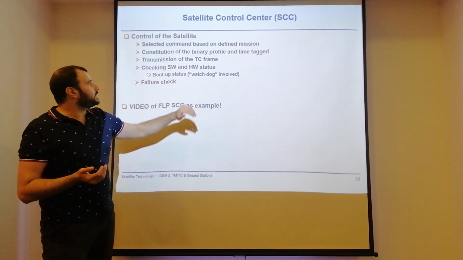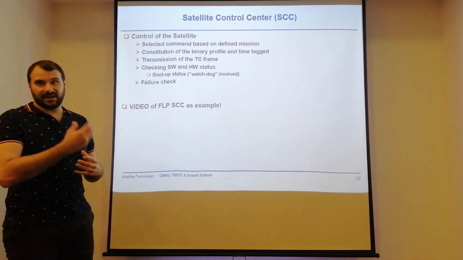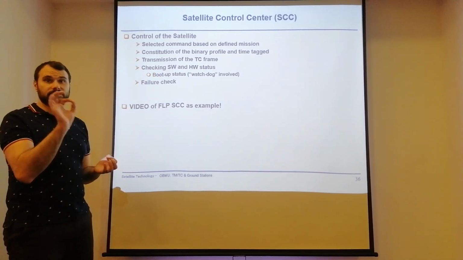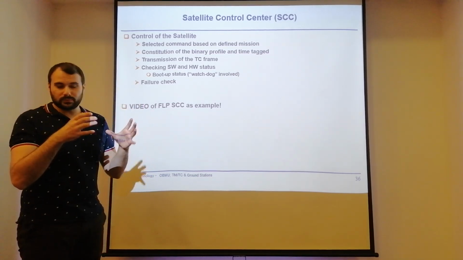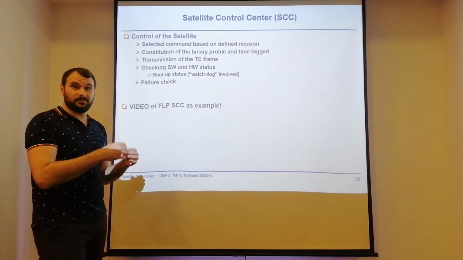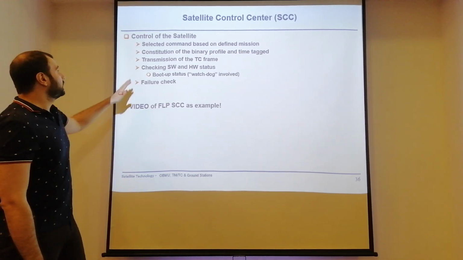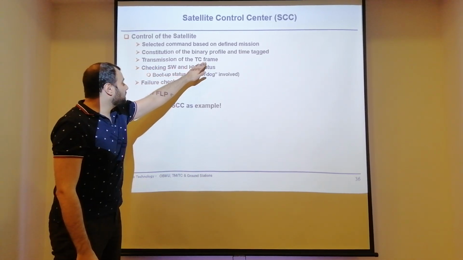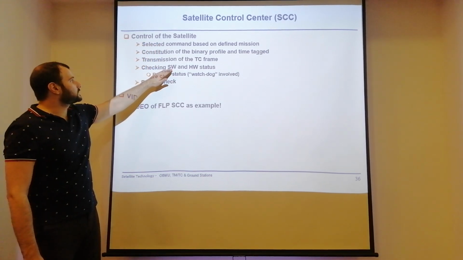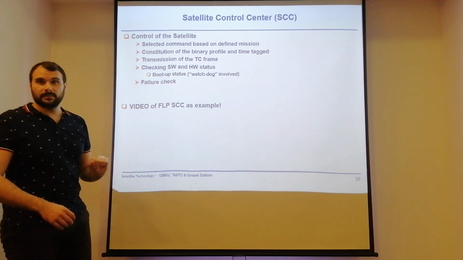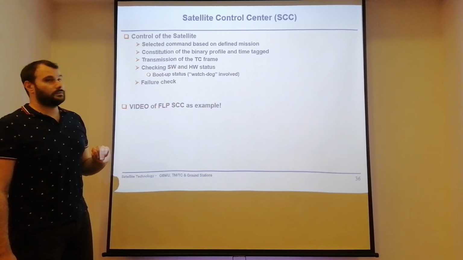Also, the binary profile is constituted there and is time tagged. So you have specific times where you put your signals and data together before you transmit them to the satellite. The transmission of the TC frames happens there, and also the checking of the software and hardware status of your satellite.